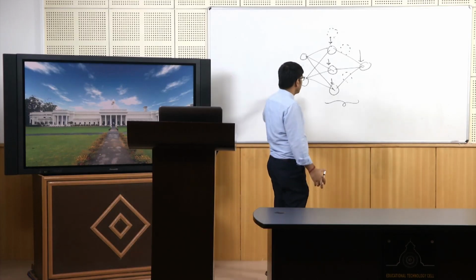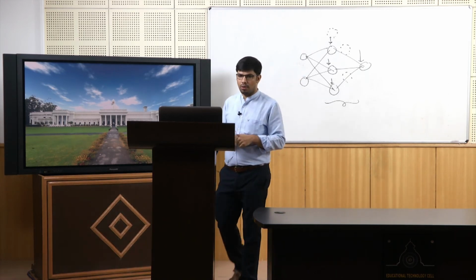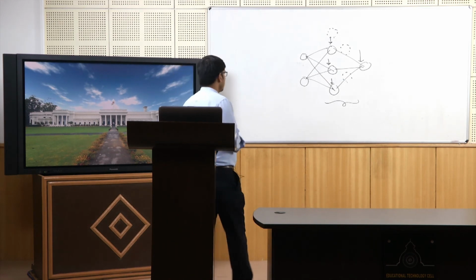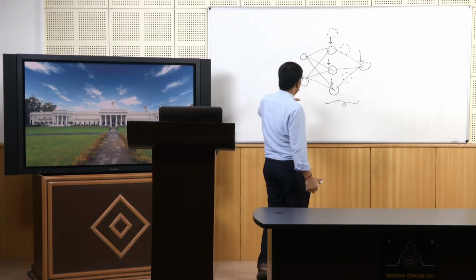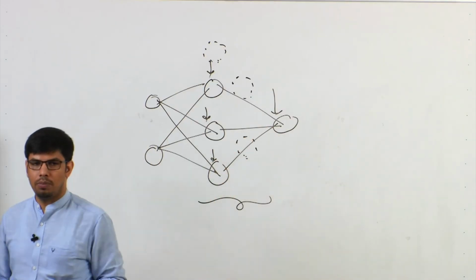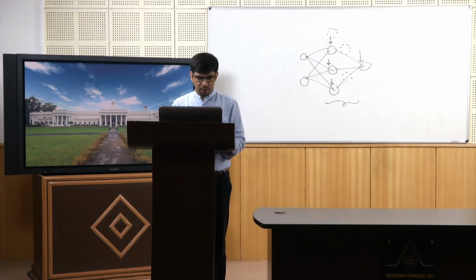Those kinds of experimentation with the network architecture can also be performed. However, for this exercise, we are sticking to this particular network: 2 nodes, 3 nodes, and 1 node in the input layer, hidden layer, and output layer respectively. So let's discuss further about this.